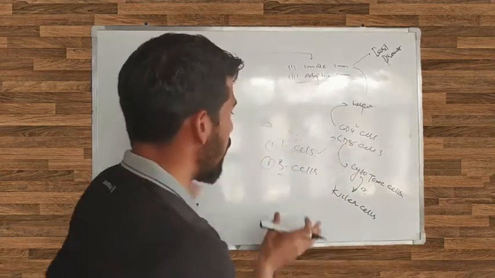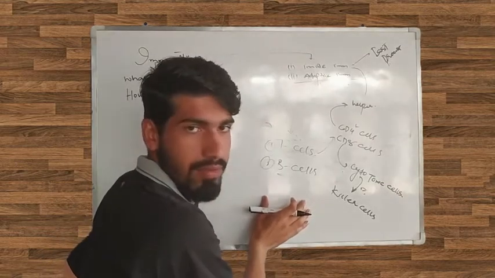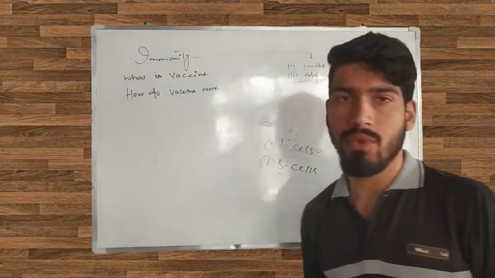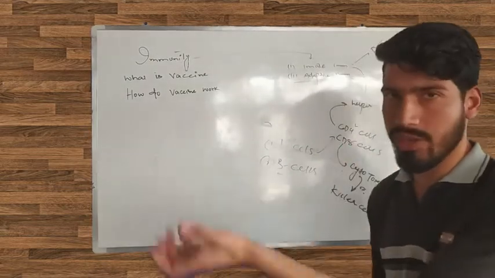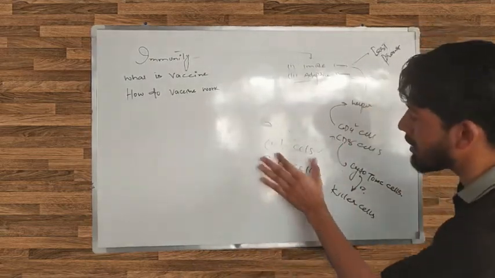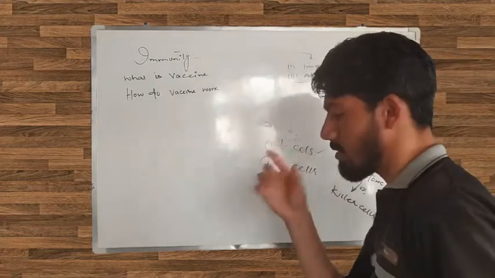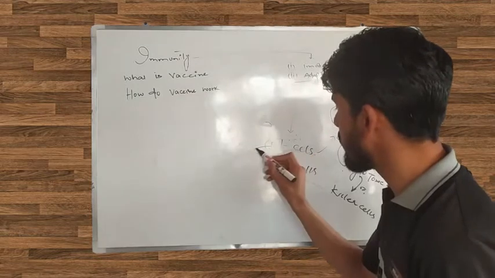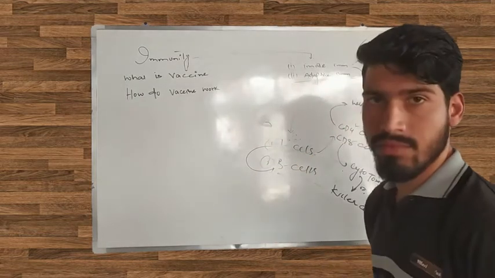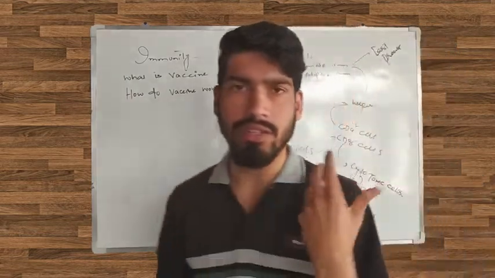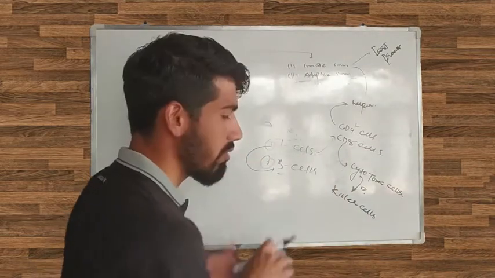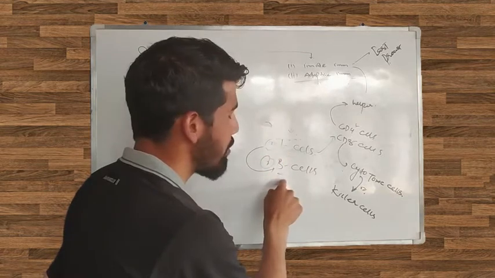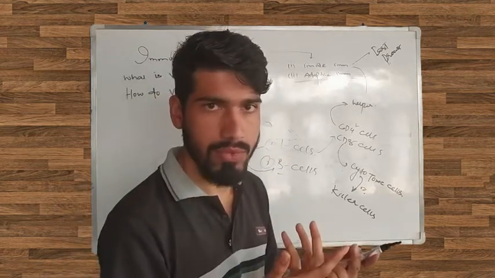What is the job of the B cells? When a pathogen or a foreign particle enters, what happens? The T cells signal the B cells: here is the antigen, or here is the pathogen. So these T cells signal the B cells to differentiate.